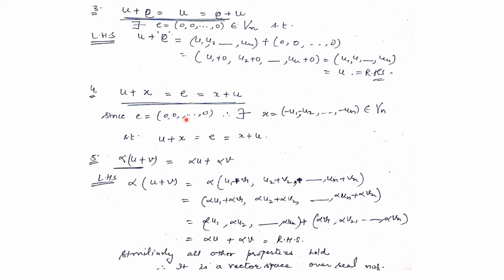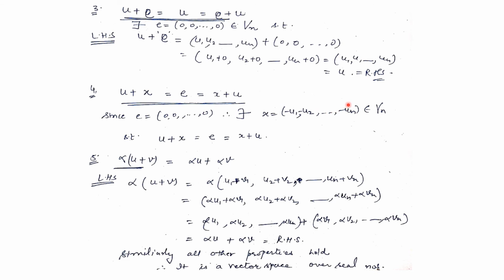Now the next property is the existence of inverse, that says with respect to this operation addition, what should we add to u so that we get the identity? Now the identity exists, that is 0, 0, 0 till up to 0, right? So what should we add to u so that we get 0, 0, 0, 0, 0? So we will add minus u1, minus u2 till up to minus un.